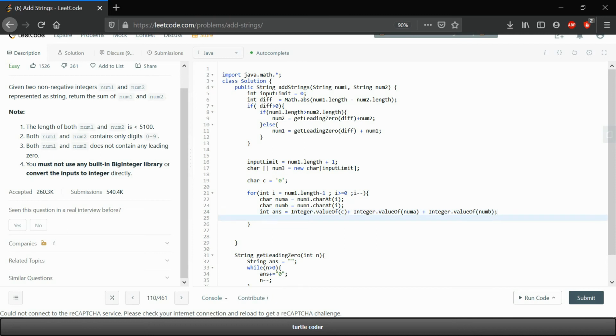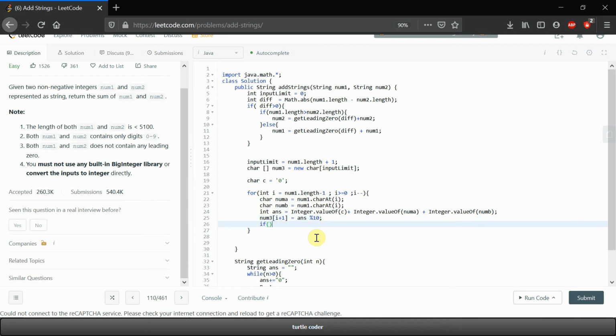And what about my answer? Actually I'm filling out this num3 now. So num3 at i plus 1, because the input limit is greater than the length in the worst case. I'm trying to fill out my num3 from the end, it should be equal to answer mod 10.